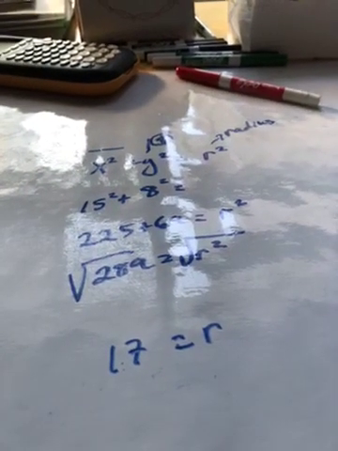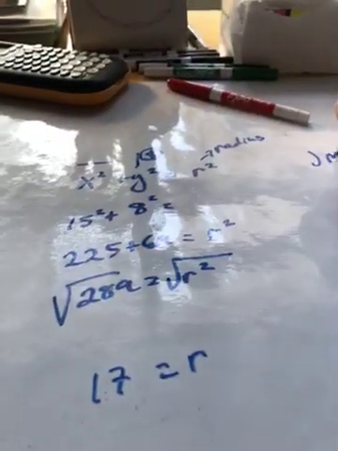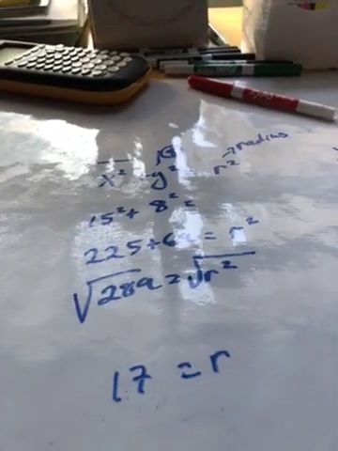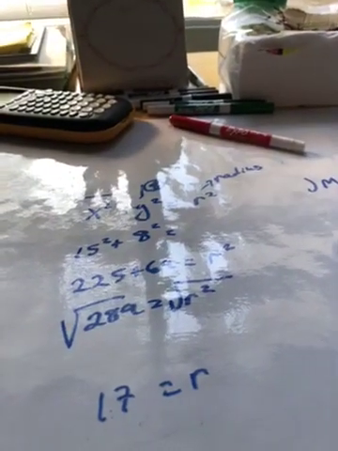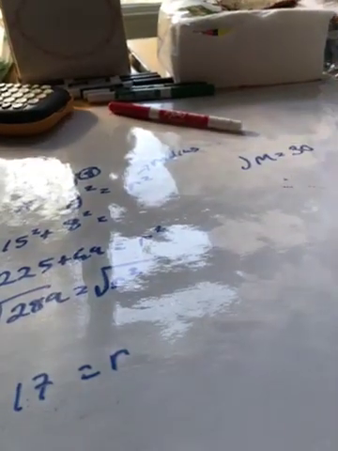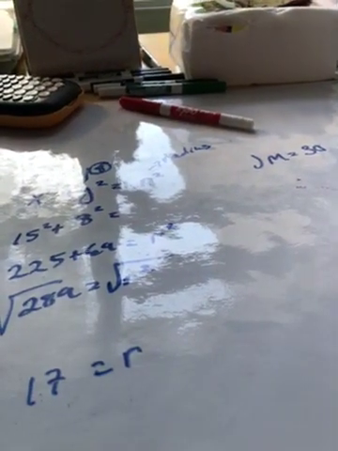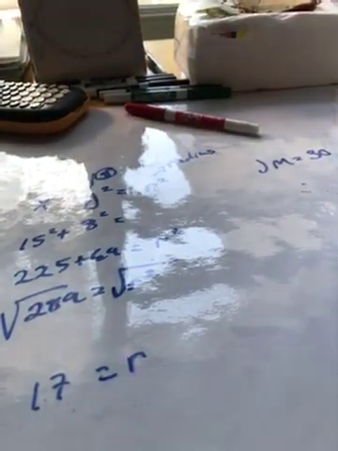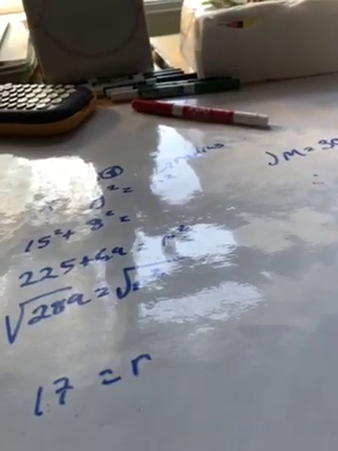Okay, so distance from J to M, if half the chord is 15, then the whole chord is 30. If a line is perpendicular from the center to a chord, it bisects it.